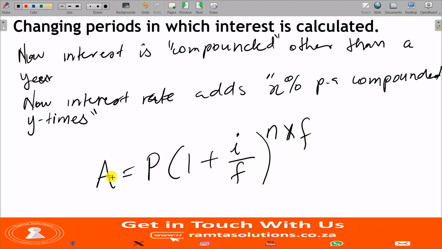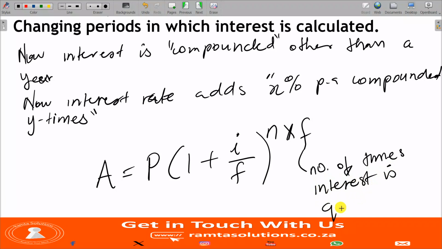Everything that you've been using so far is still the same: the accumulated amount, principal, interest rate, and number of years. Now what is this f? This f is the number of times interest is calculated, or the number of times interest is quoted per year.